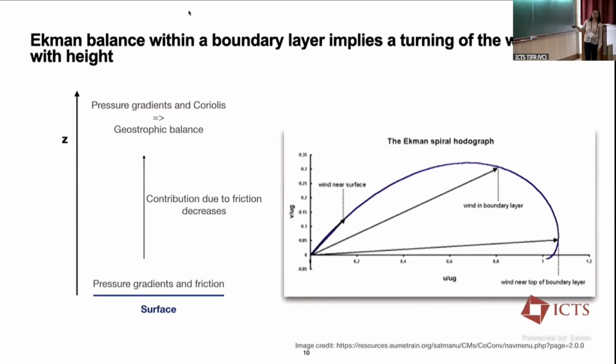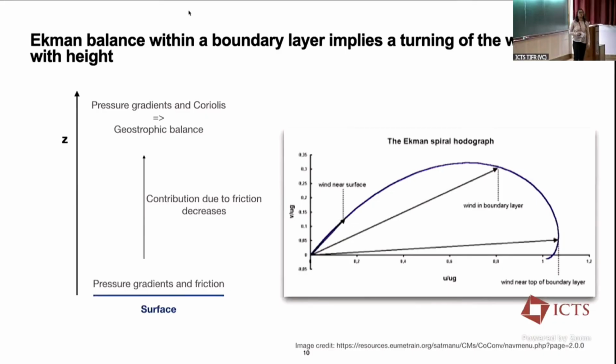And the y-axis is the meridional wind, also with respect to the geostrophic zonal wind you would have at the top. You'd see that as you go from the surface to the top of the boundary layer, you have the turning of the winds. It's a simple enough model, right?